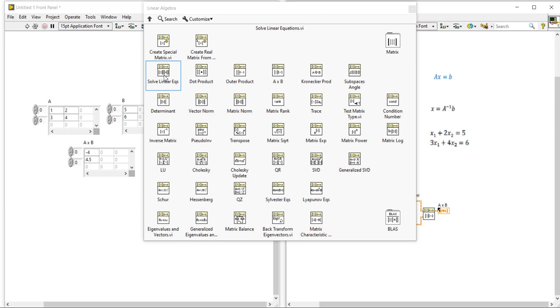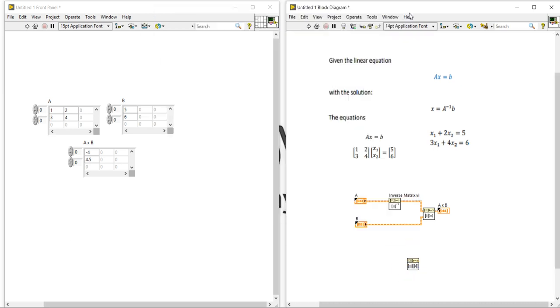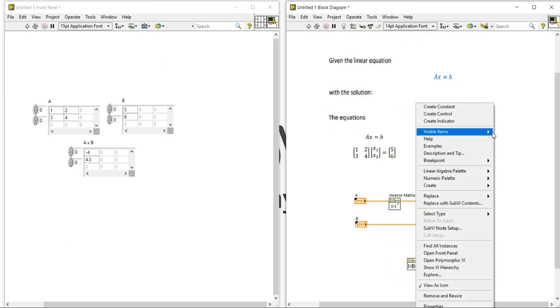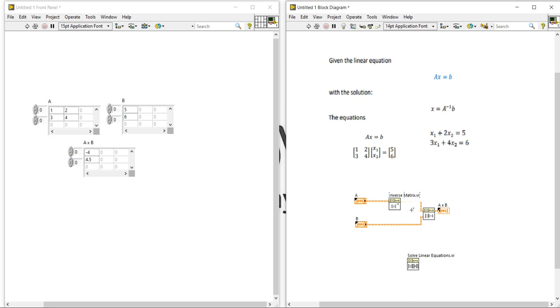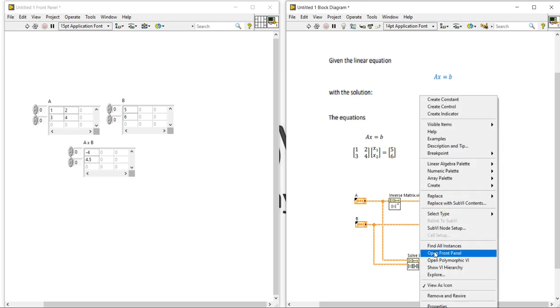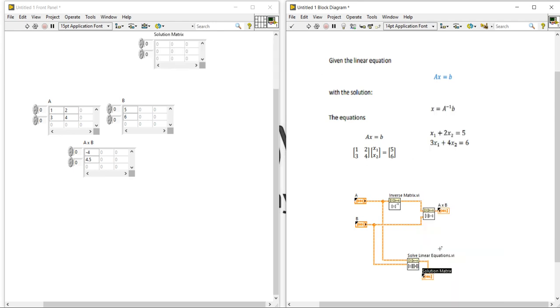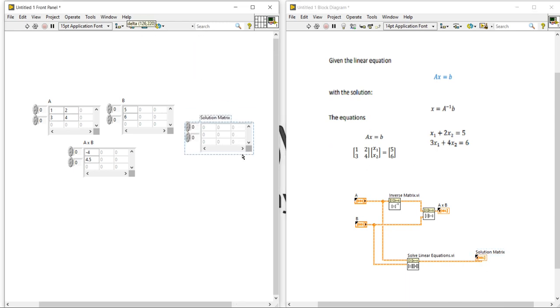Yes, look here, there is a Solve Linear Equations VI. You can take this, place it here, and directly solve your problem without needing to write this big logic. And the solution matrix will be this. So this is one way.